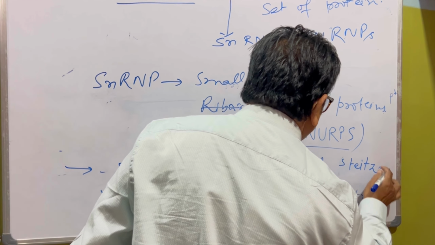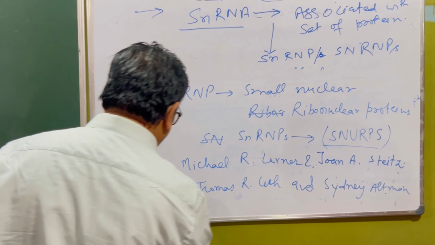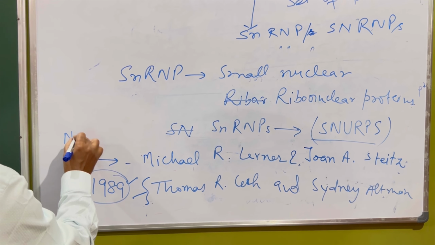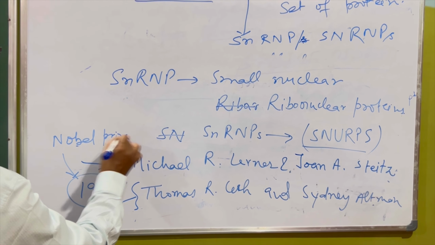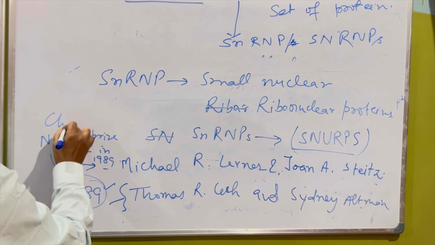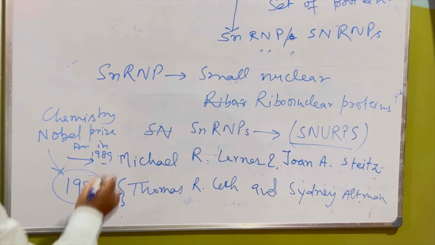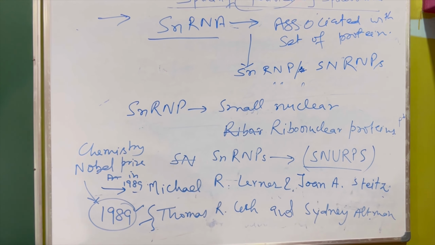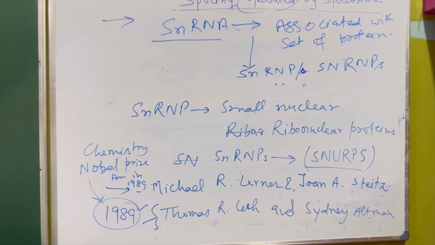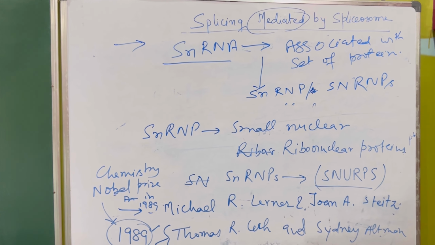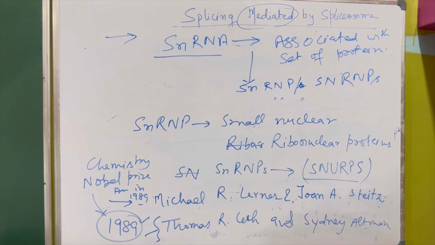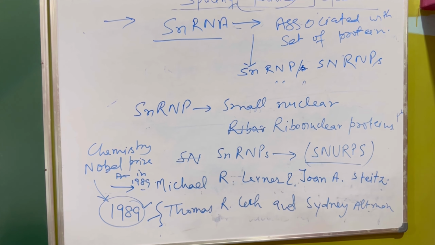Obviously these fellows were awarded the Nobel Prize in chemistry in 1989. So when we talk snRNA, you say that it is a small nuclear RNA. When you talk snRNP, SNRPs, obviously these are small nuclear ribonucleoproteins.